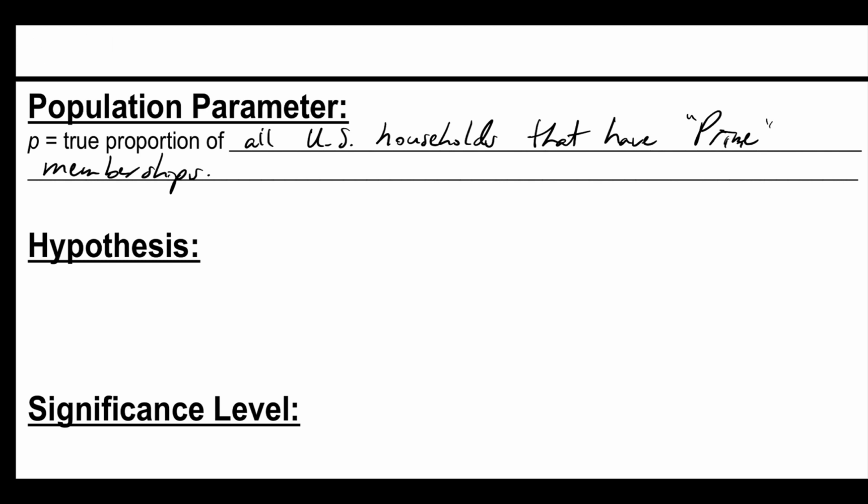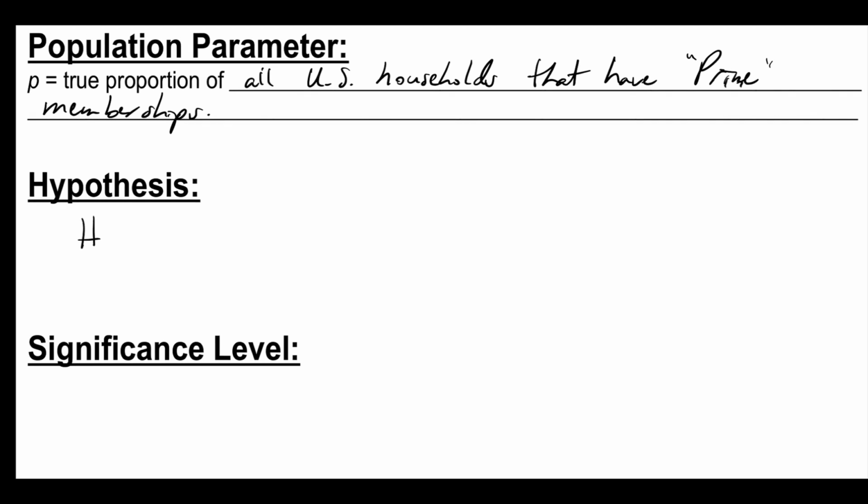We talked about the hypothesis. The hypothesis always starts with the null, which is their claim, which is p, so 0.46, right? The alternative, we have three options: greater than, less than, or just plain not equal to. We said this one was going to be not equal to because of the wording differs.